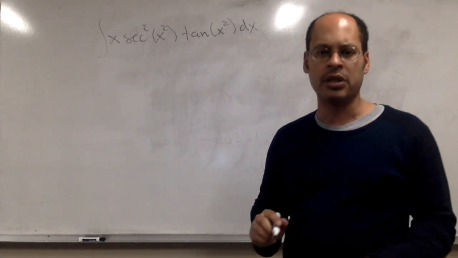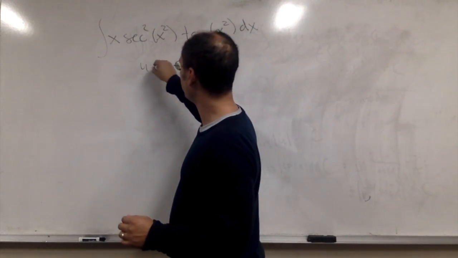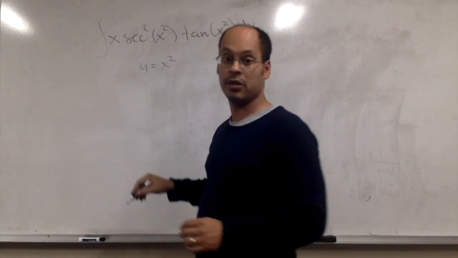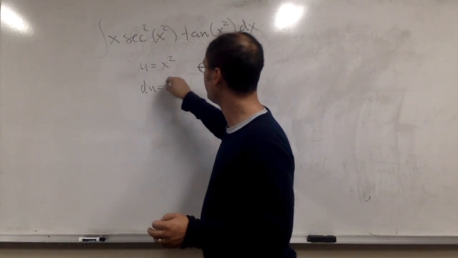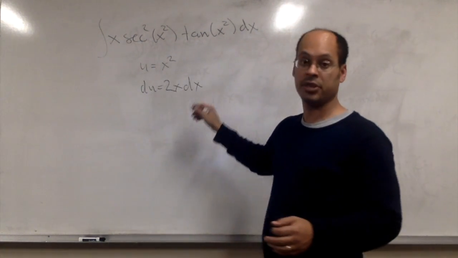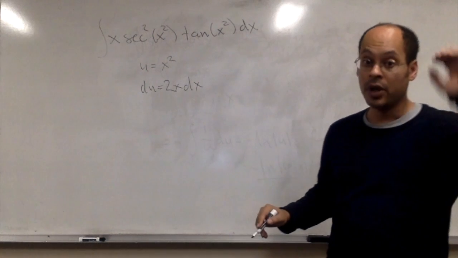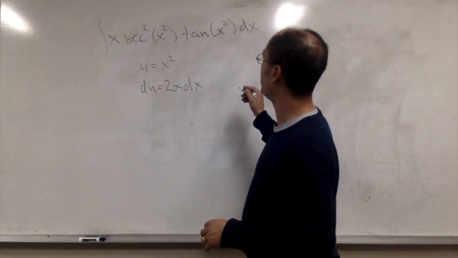We can make this a little bit easier to look at by making the following U substitution, by letting u be x squared. If we let u be x squared, then the du is going to be the derivative of x squared, 2x times dx. So I need a 2 instead of just my x.